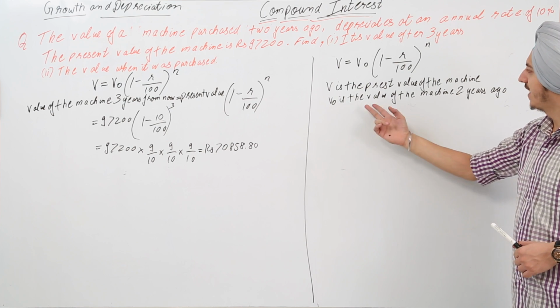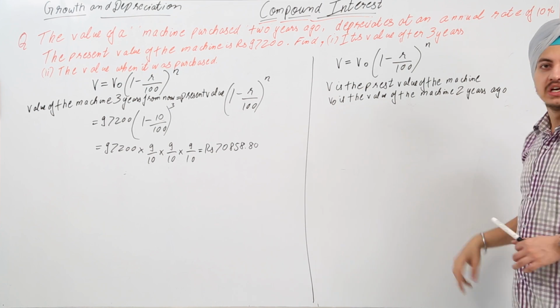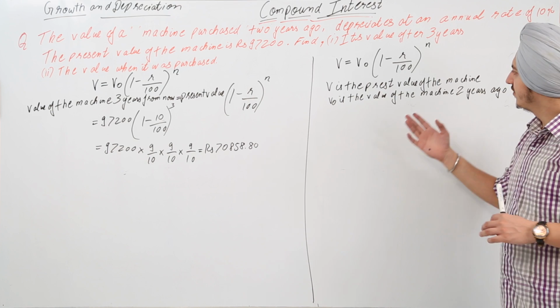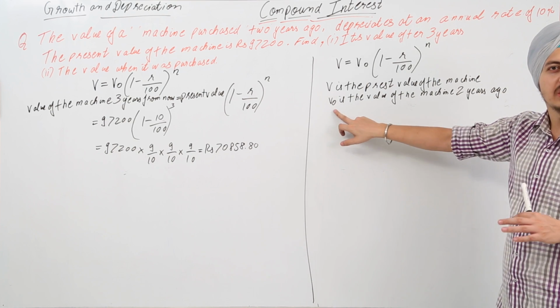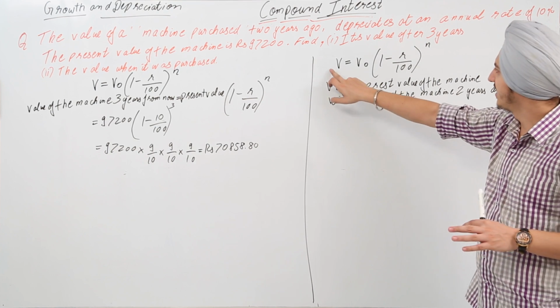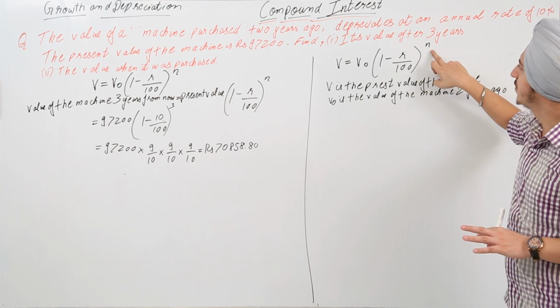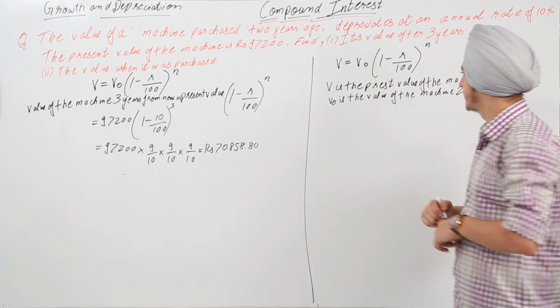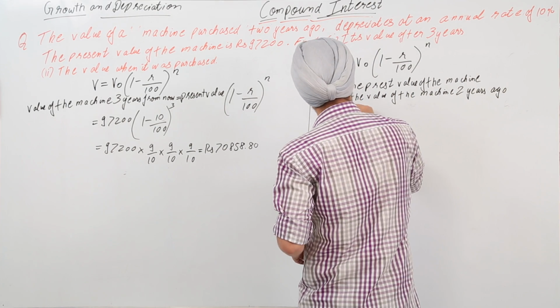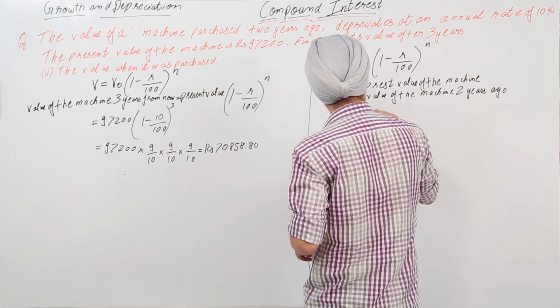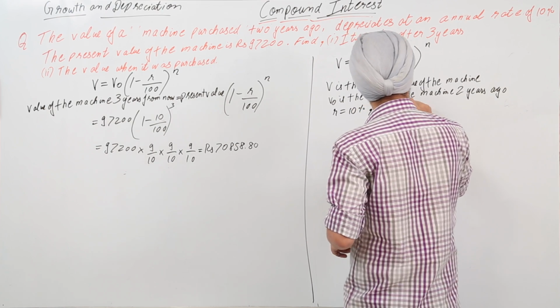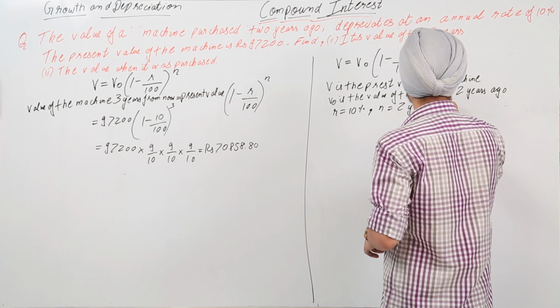V naught is the value of machine 2 years ago. Now we have to calculate the value of V naught given the value of V, given the value of R, that is 10%, and given the value of n, that is 2 years.